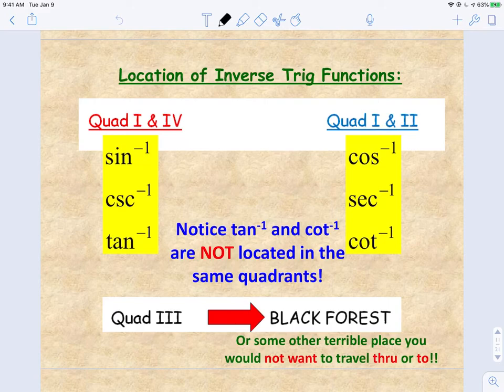Now let's take a look at the bottom of this particular slide that refers to quadrant 3 as the black forest.